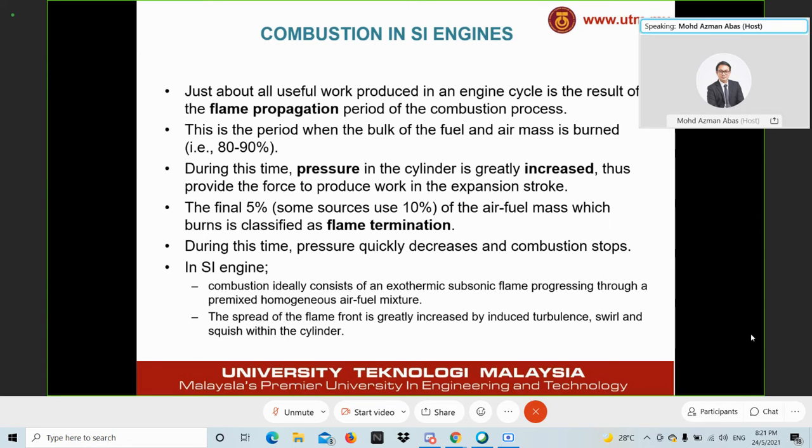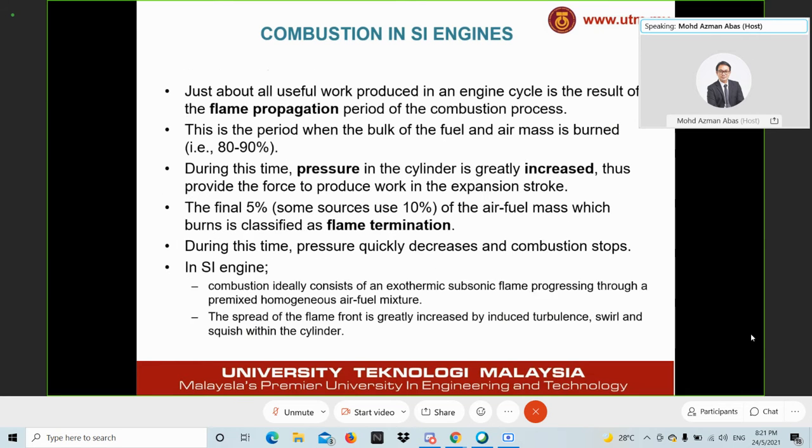So the spread of the flame front is greatly increased by the induced turbulence, swirl and squish within the cylinder. This relates back to the necessity to have good fluid motion, as we already covered last week. This is the main reason, because the turbulence, swirl and squish effect of the air do affect the flame front in your second phase, which is the flame propagation.